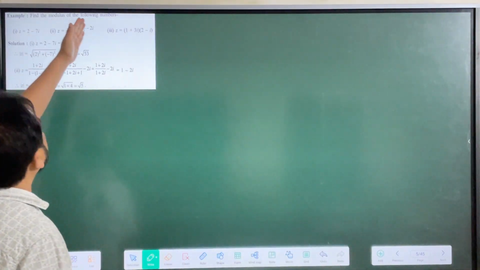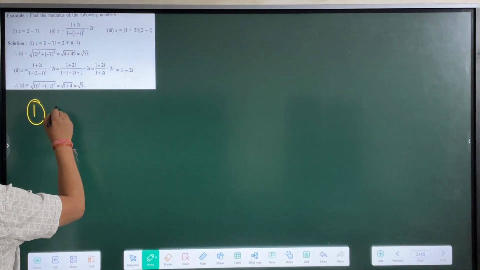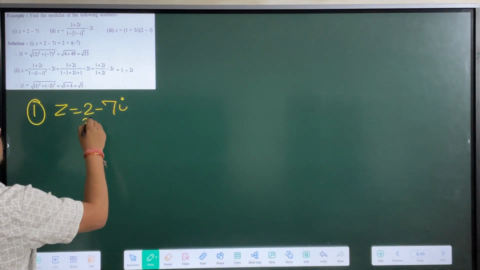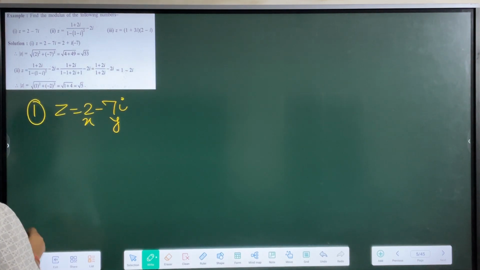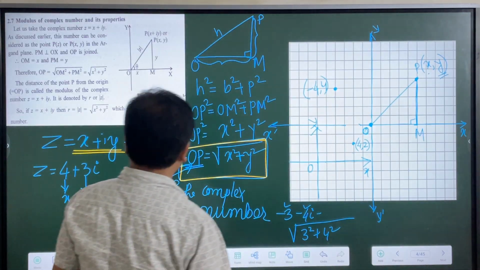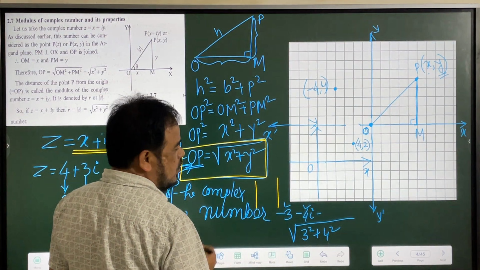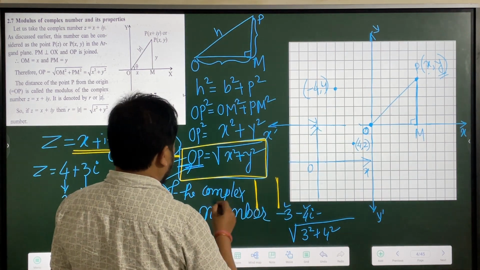Here, find the modulus of the following numbers. Number one, z equals 2 minus 7i. So this is x, this is y. I forgot to say the modulus sign. We shortly say mod.